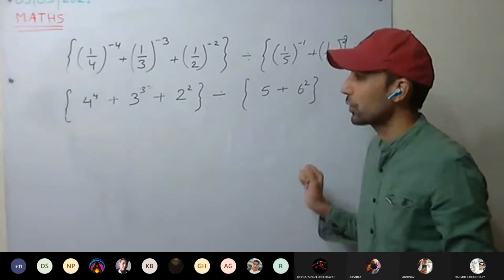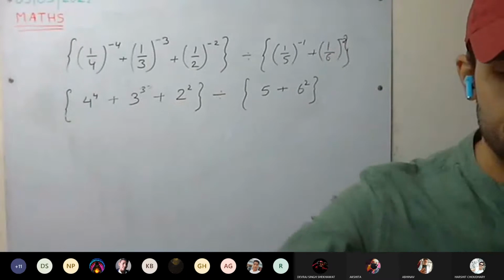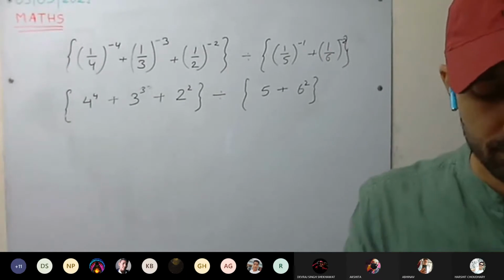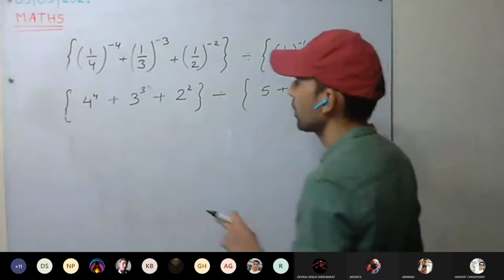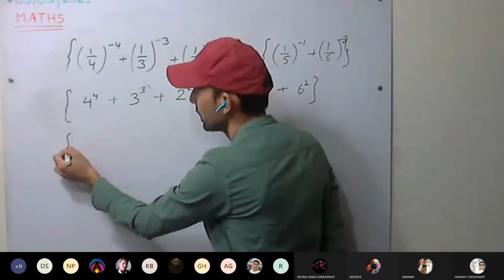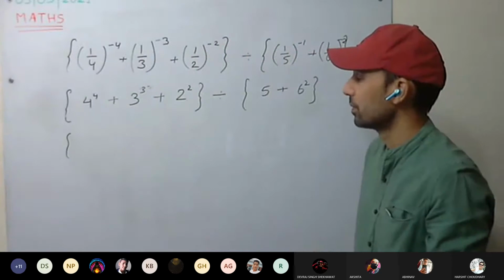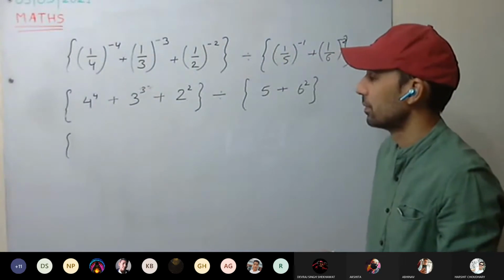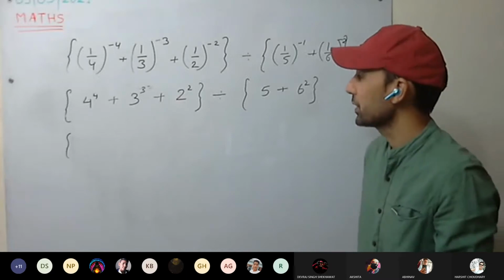Okay. Now 4 raised to power 4 will be how much? 64 4 ja. How much you have got? Solve it and tell me. Everyone solve them.